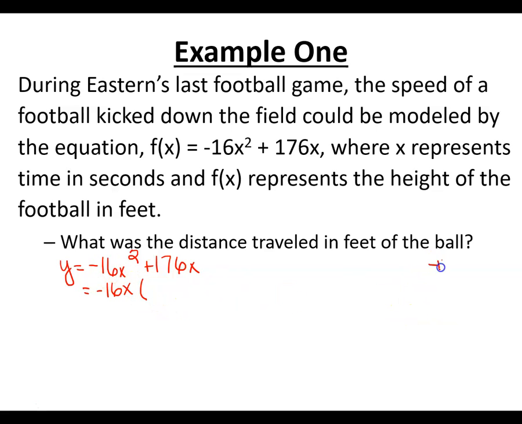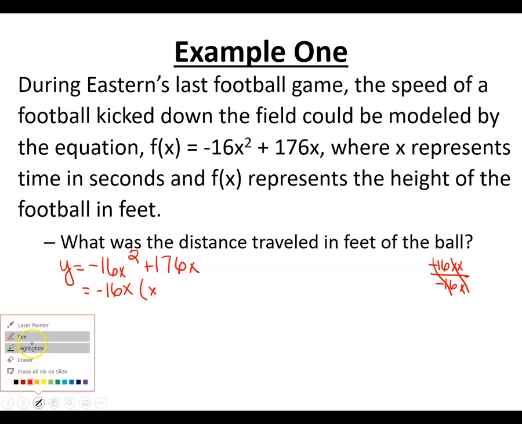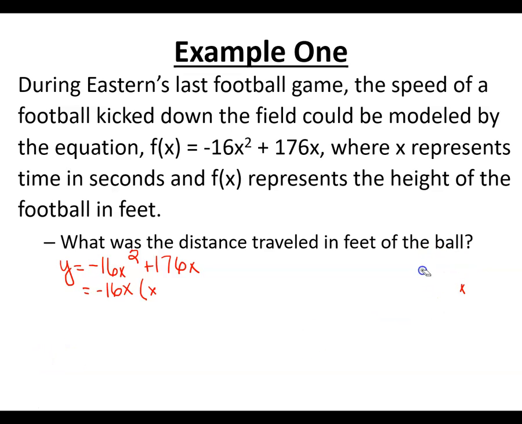So negative 16x squared divided by negative 16x, I can cancel those out and I'm left with x. By the same token, I can take 176x and divide it by negative 16x. My x is canceled, so this will be negative 11. So this will wind up being the quantity x minus 11.